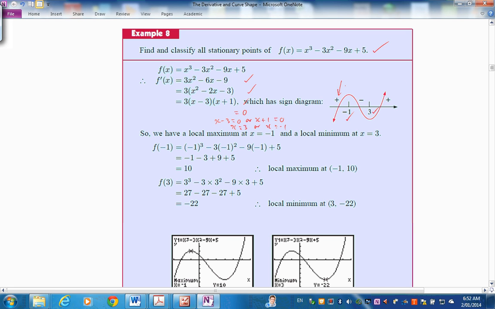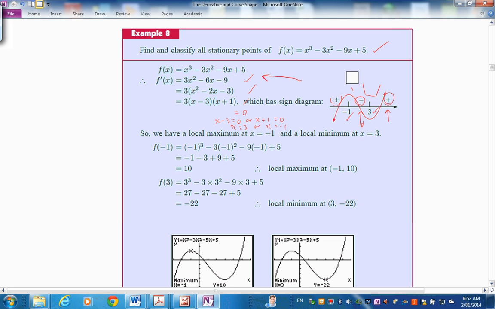Sub in a value from here, let's sub in neg 2, back in the derivative, trying to find slope of the tangent, becomes a positive. Sub in 0 in here, it's negative. Sub in 4, it's positive. So what do we got? Positive, flattening, negative. Negative, flattening, positive. So we have a local minimum.